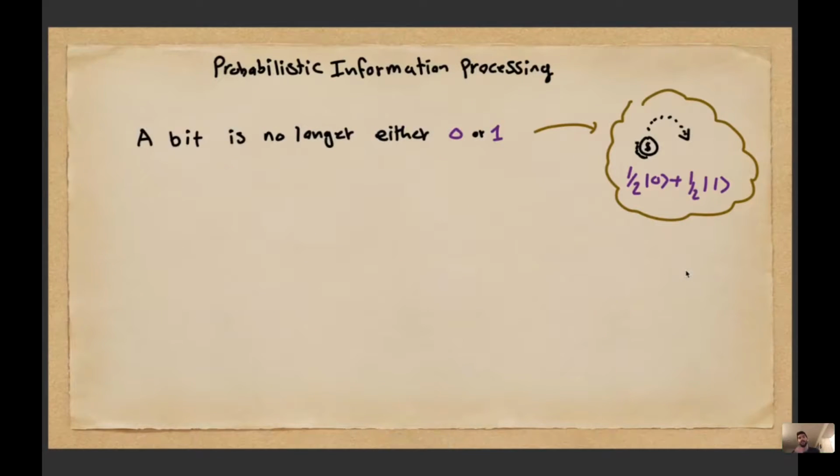Now we can further generalize this and look at the probabilistic setting, where instead of having bits that are either 0 or 1, imagine we have a situation where we can store some probabilistic information. That means bits that are with probability 1/2, for example, 0, and with probability 1/2, 1.